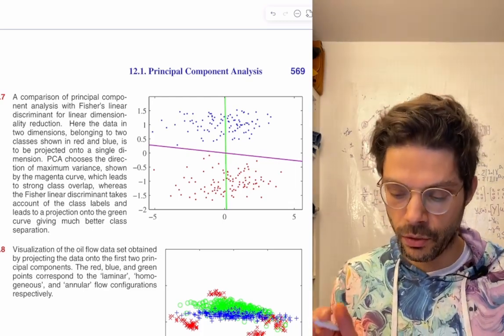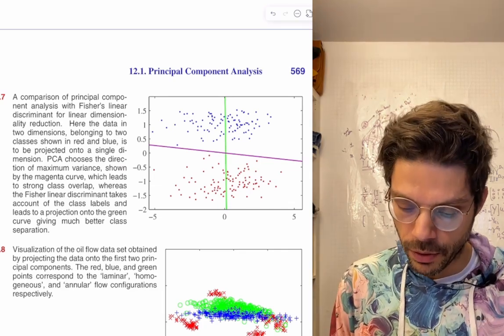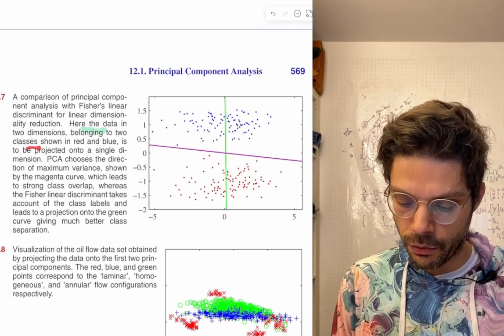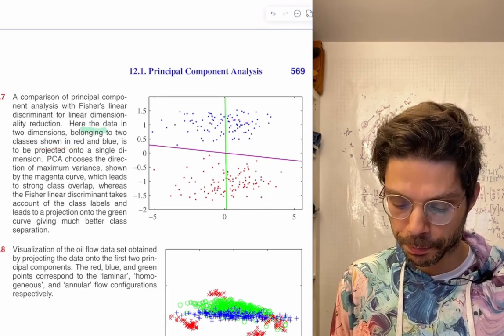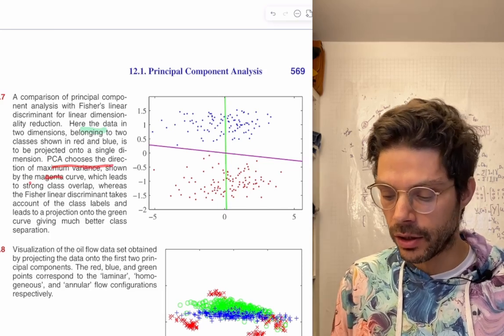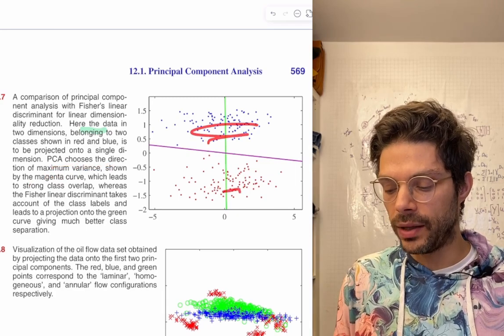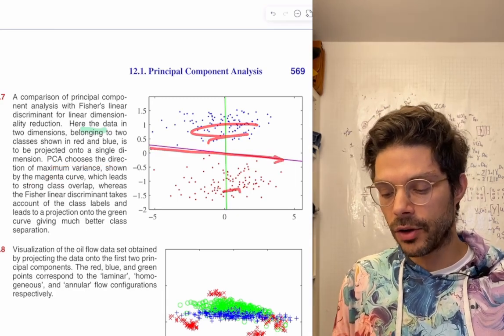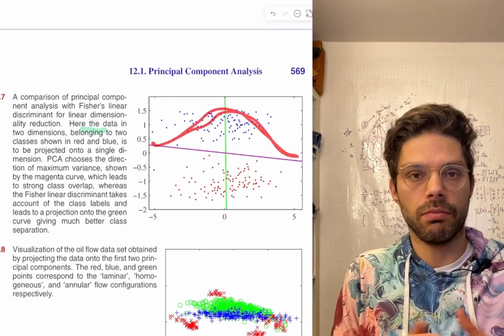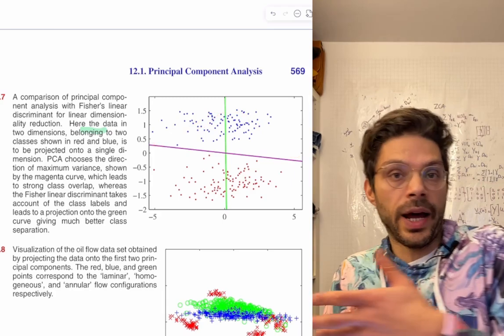This is a very informative example. Here the data is in 2 dimensions belonging to 2 classes shown in red and blue. PCA chooses the direction of maximum variance shown by the magenta curve. So if we just took away the labels and projected on this direction, we'd have a ton of variance, right? Because the data lies along this direction.